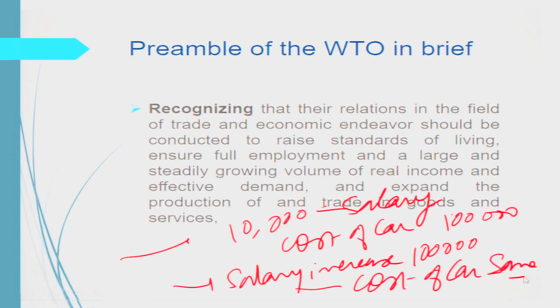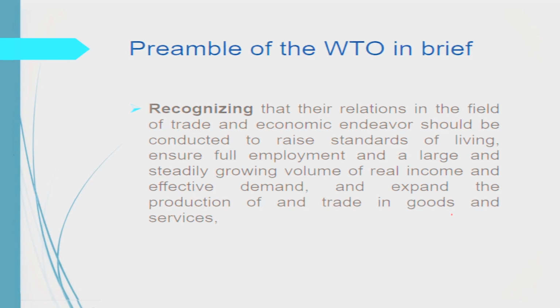Then we can say there is a real increase in real income. So that is what the WTO targets: we have to increase the real income of the people, a large and steadily growing volume of real income and effective demand, and expand the production of and trade in goods and services.